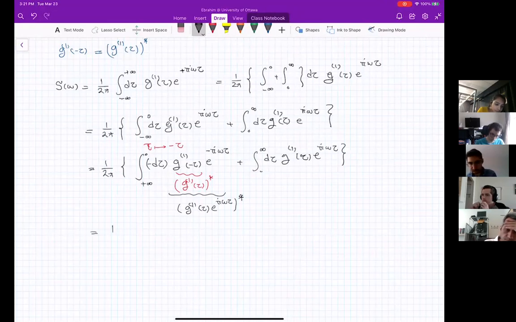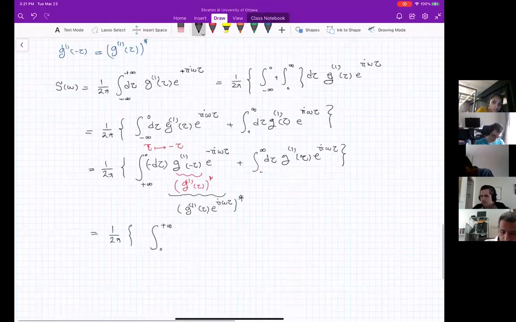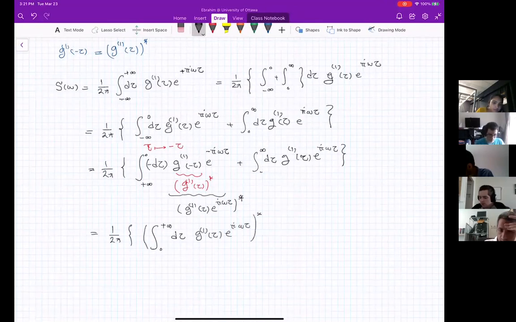Then what you will get is 1 divided by 2 pi integral of 0 to plus infinity d tau of G1 of tau e power of i omega tau, that is star, plus integral of 0 to infinity d tau G1 of tau e power of i omega tau.